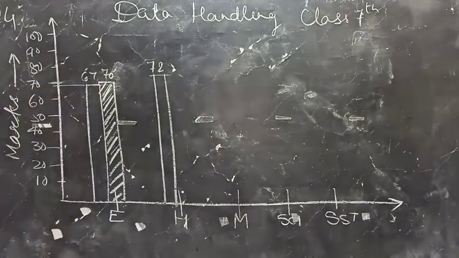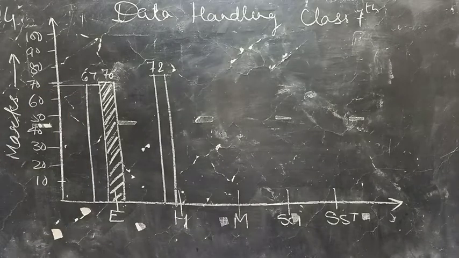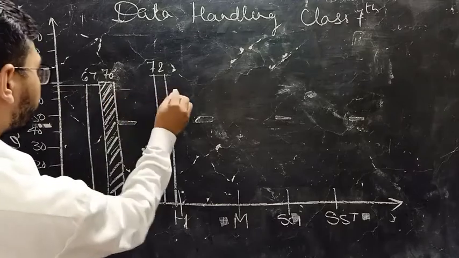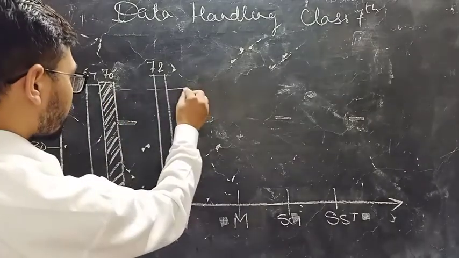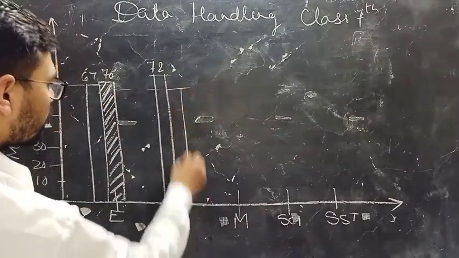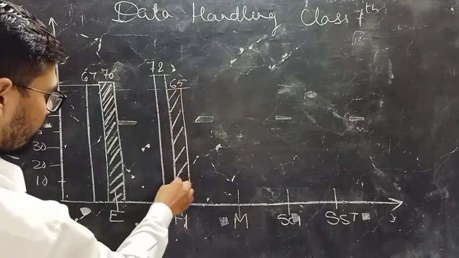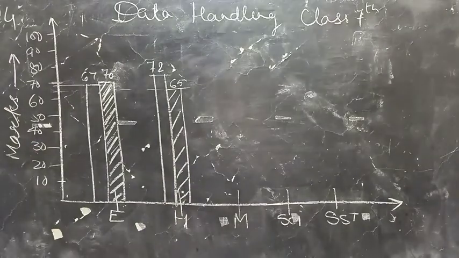So 65 will lie somewhere between 60 and 70, right? That means this is representing 65. So 65 marks he got in the second term exam in Hindi, right? Note it down fast.